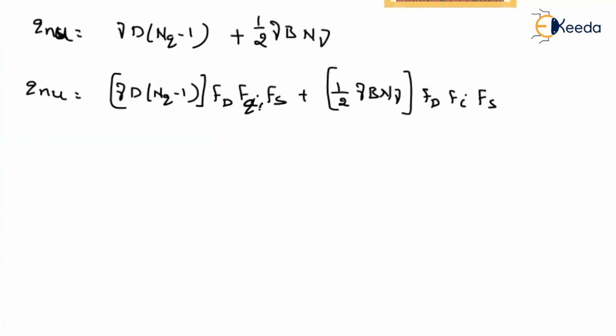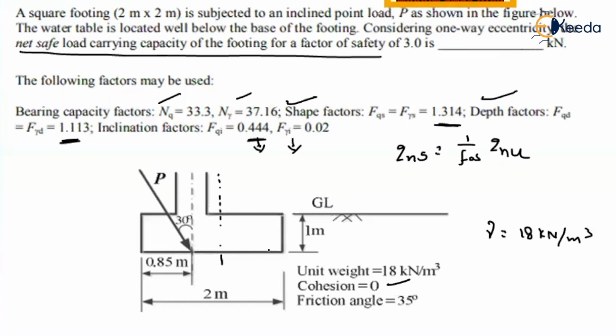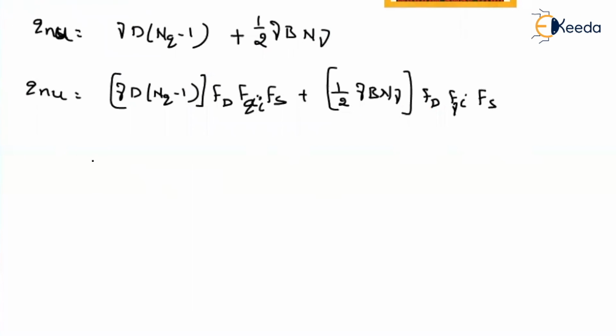Here I'll say Fqi, and here I'll say F gamma i. So these two values are different. And D value is given as 1 meter. What about the width? 2 meter. That's it. Substitute in that equation, then you will get qnu as around 397.09.